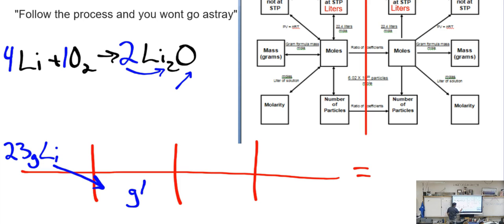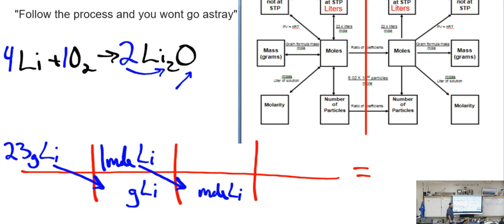Grams of Li. What do I always know about grams when I find it on my periodic table? Thank you. It's per 1 mole of the same thing. If this unit is here, what unit goes there? Mole of the same thing.